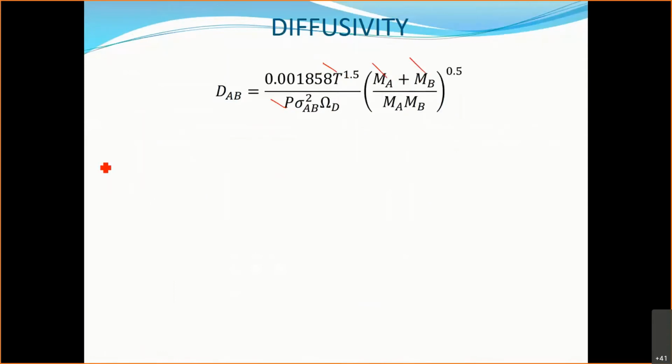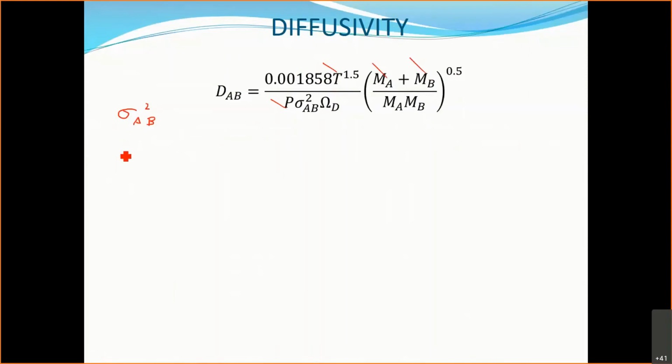Now the issue here is that we need to find the value of sigma squared AB and then omega D. These are the two problematic things that we need to find. The first one, sigma, is a little bit easy.